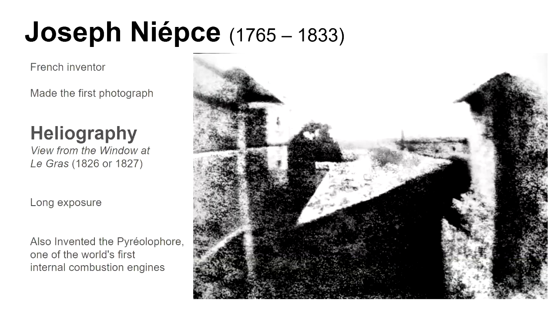So, moving forward, you have this guy, Joseph Niépce. He's one of the people known for making the first, what we would call, photograph, different than the photogram, which was not done through any light surface.